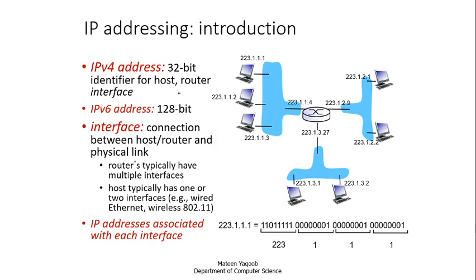So typically a host has two interfaces for connecting to a network, either wired or wireless, and a router has many interfaces, multiple Ethernet interfaces and wireless interfaces as well. So a router can consist of multiple interfaces, as you can see in the diagram.